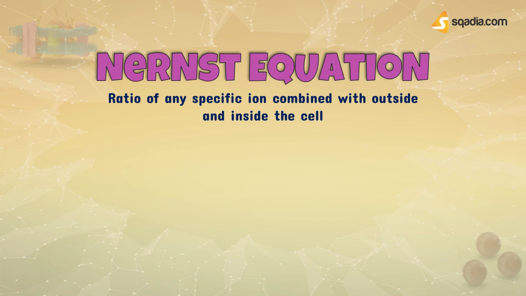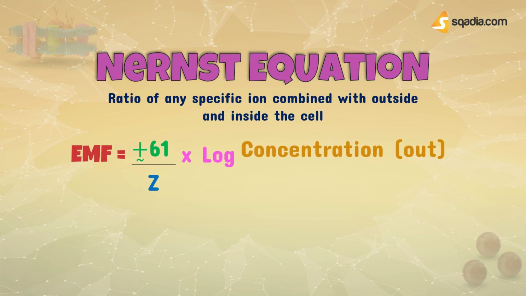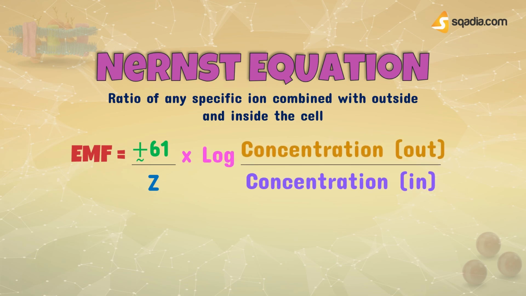The formula of the Nernst equation is as follows. Electromotive force, or EMF, is equal to positive or negative 61 divided by Z and multiplied by the log of concentration outside divided by concentration inside the cell.